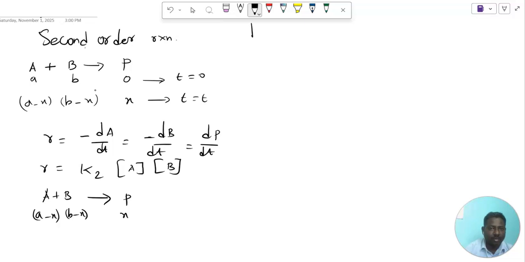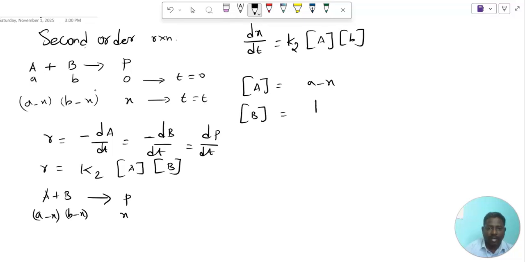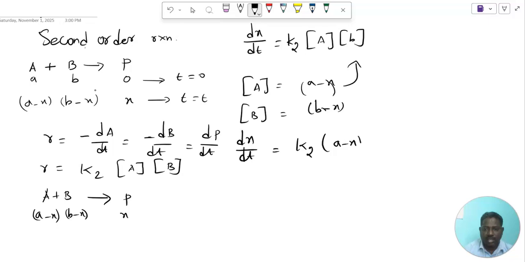In terms of x, dx by dt is equal to k2 into concentration of A and concentration of B. The concentration of A is a minus x, and the concentration of B is b minus x. Substituting, dx by dt is equal to k2 into a minus x into b minus x. Now separate the variables: dx by (a minus x)(b minus x), and bring dt to the right hand side so that it is easy for integration.